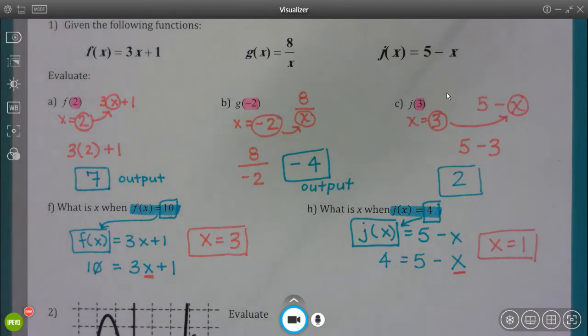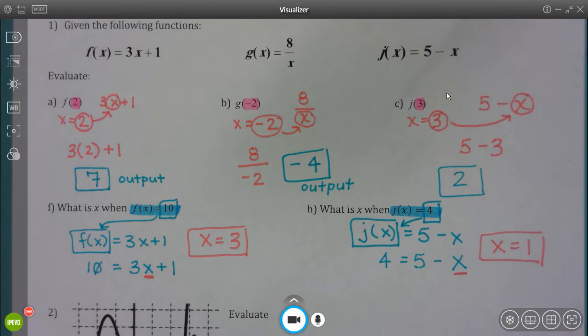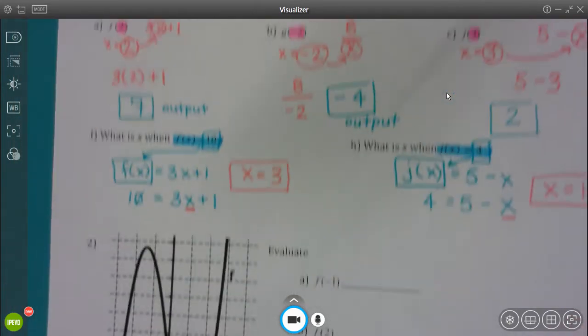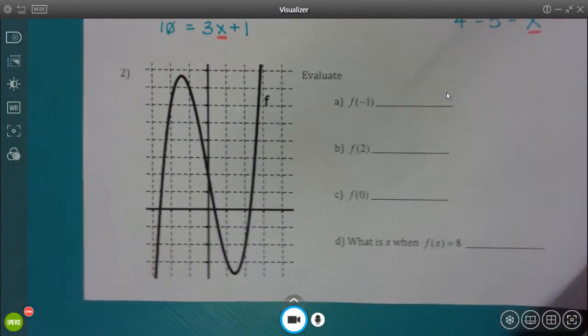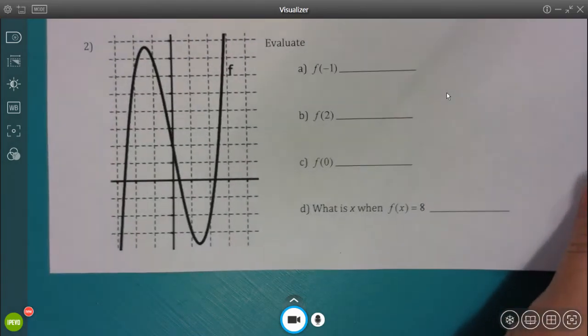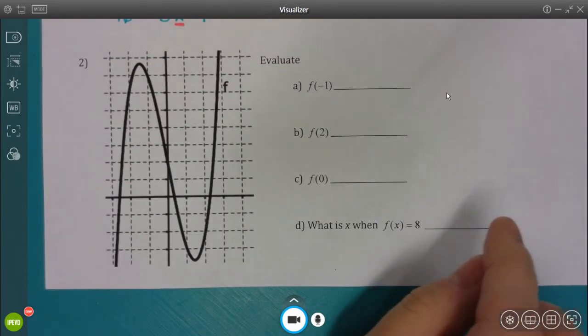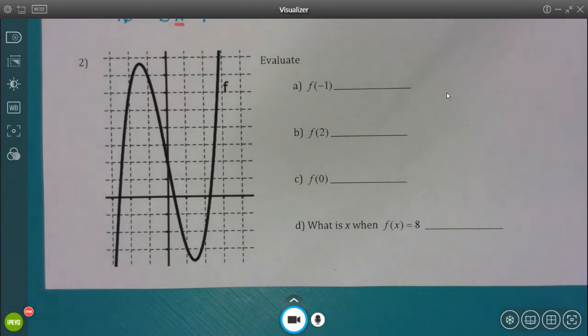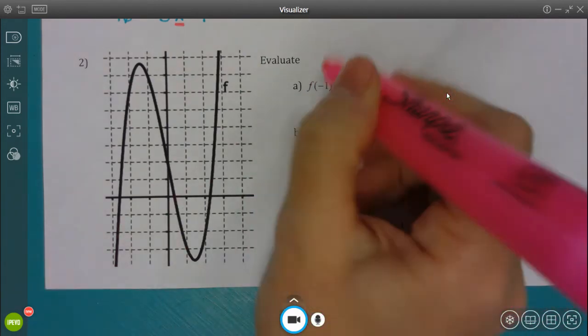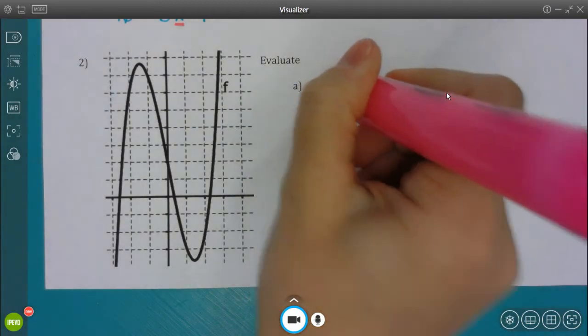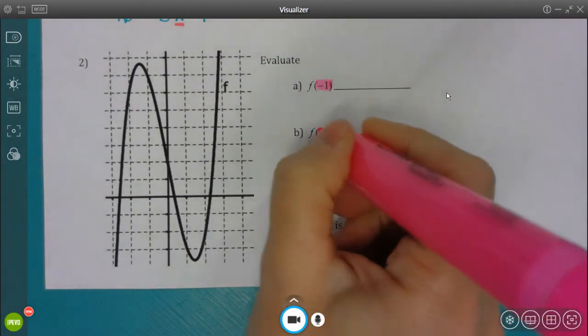So now we're going to go ahead and look at some graphs. So here's our first graph. I'm going to do the same thing. I'm going to label input with pink, and that's the number that's inside of the parentheses.